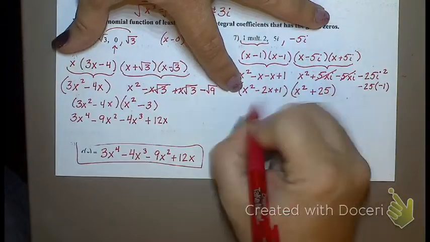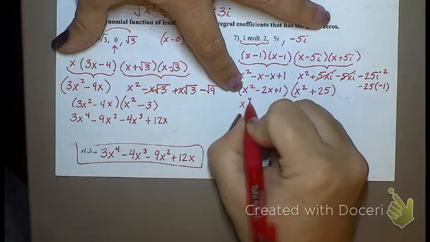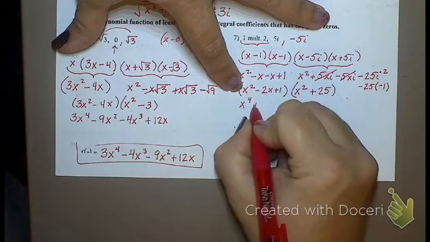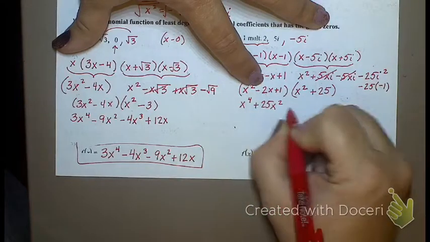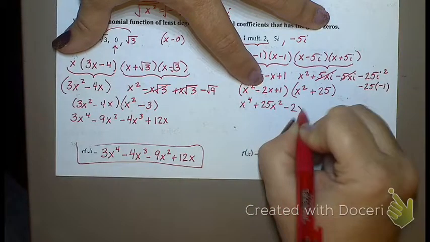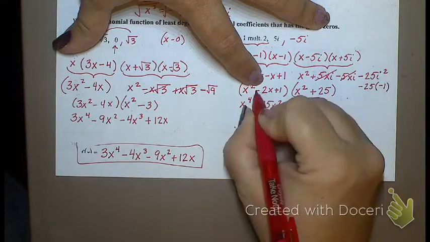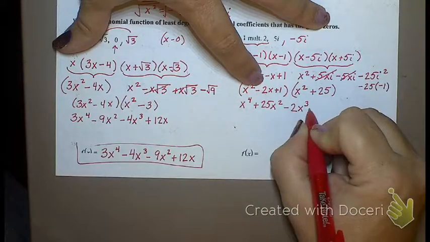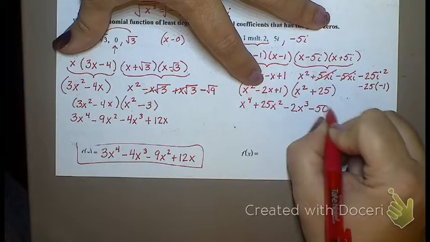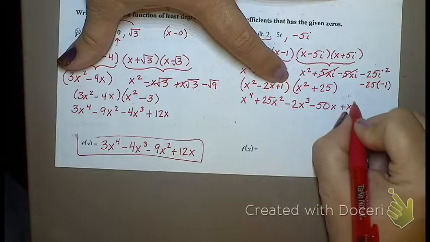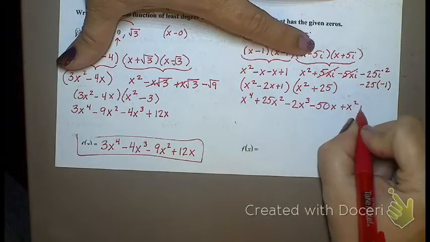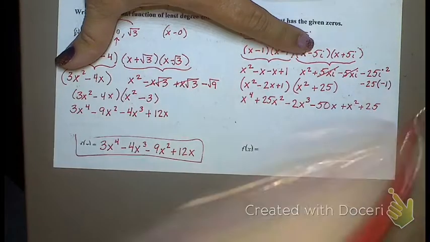X squared times x squared is x to the 4th. X squared times 25, 25x squared. Negative 2x times x squared, negative 2x to the 3rd. Negative 2x times 25 would be negative 50x. 1 times x squared, and 1 times 25 is 25.